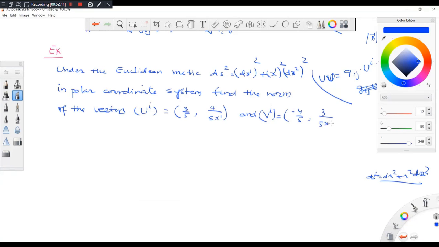So you are given two contravariant components. What do you want to find out? You want to find the norm of the vectors.